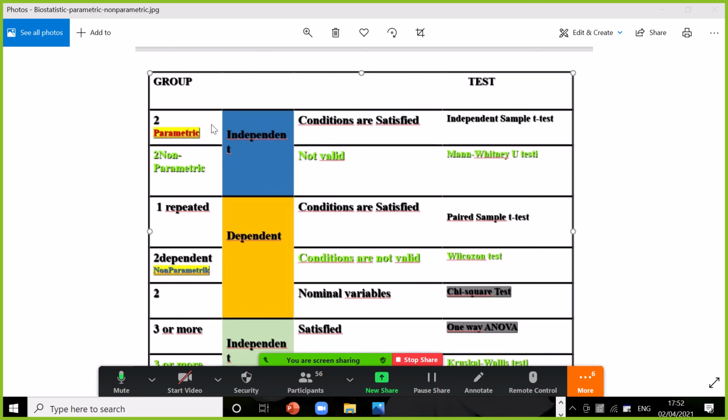Or if we have more than two independent variables, maybe if we are in the health area, we are discussing other sexual identities. For example, we can discuss female, male, more than two groups, female, male, lesbians and homosexuals.